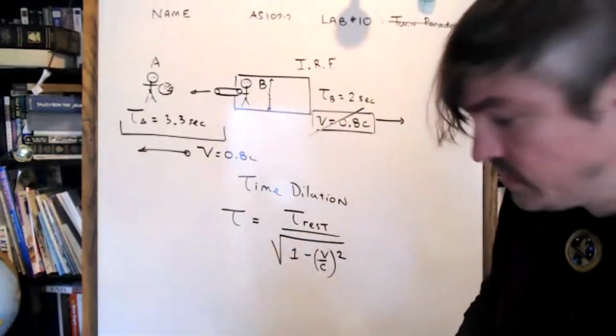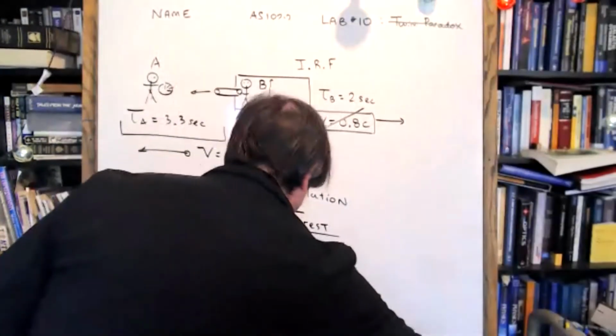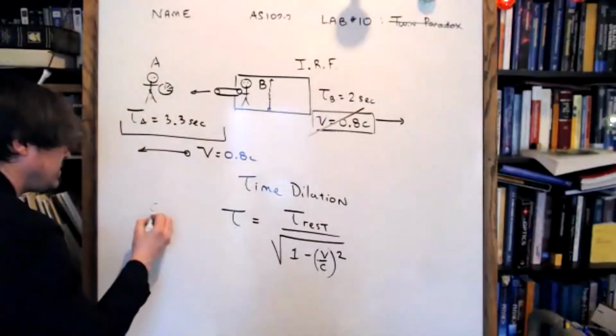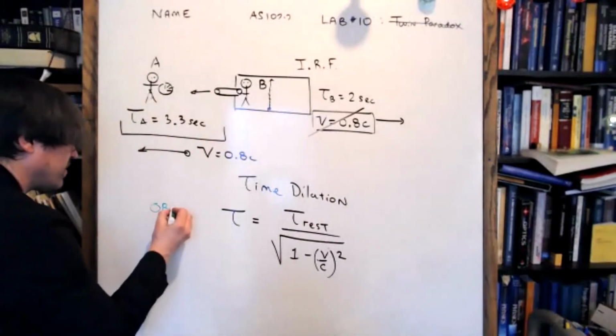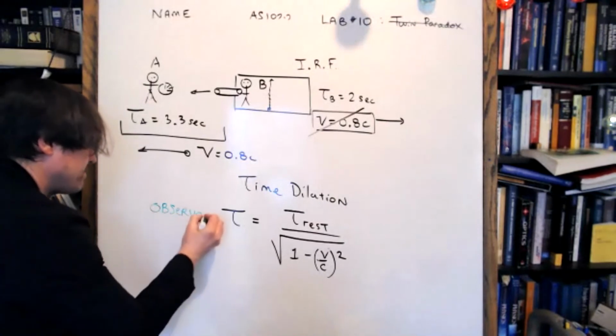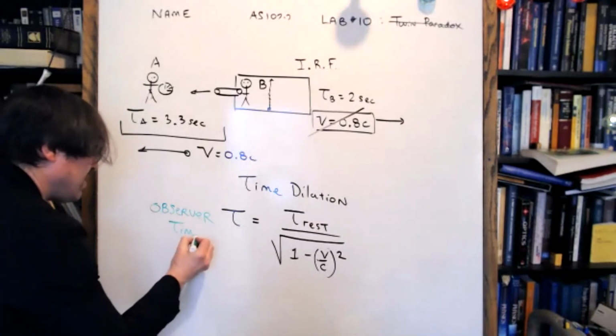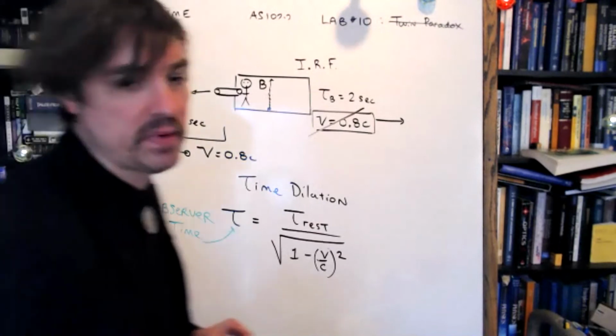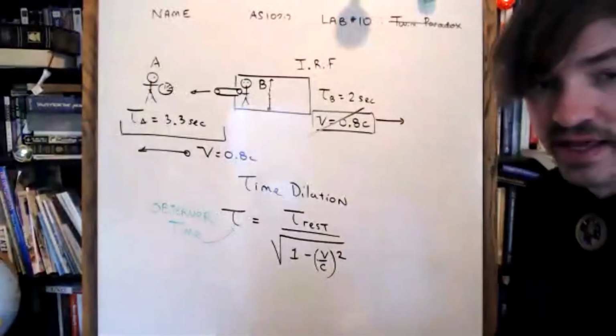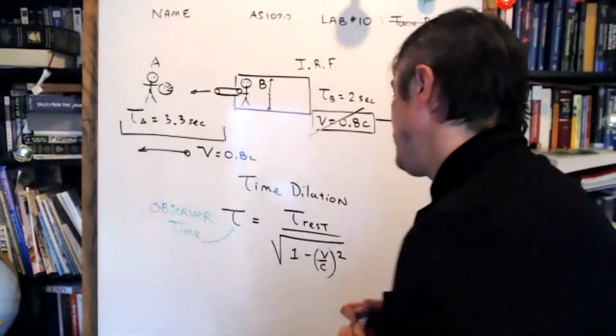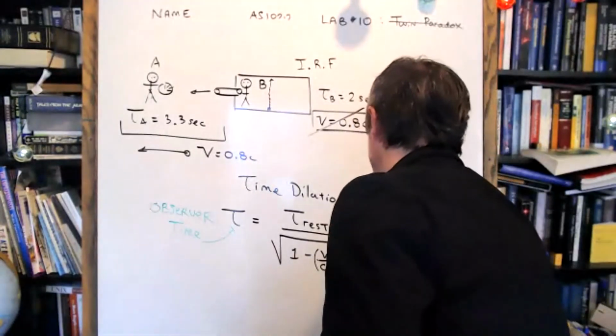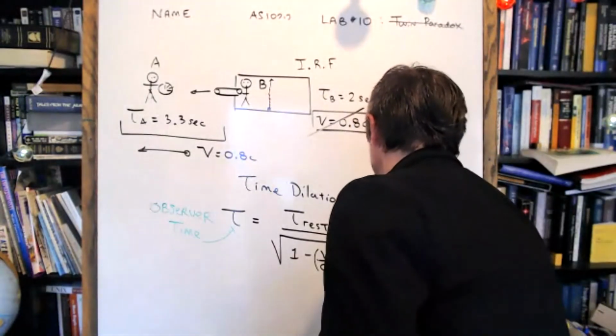T here represents the observer, who's usually the scientist or the astronomer on Earth. We call this time the observer time. That's the one that you want to calculate. We call this time the rest time.